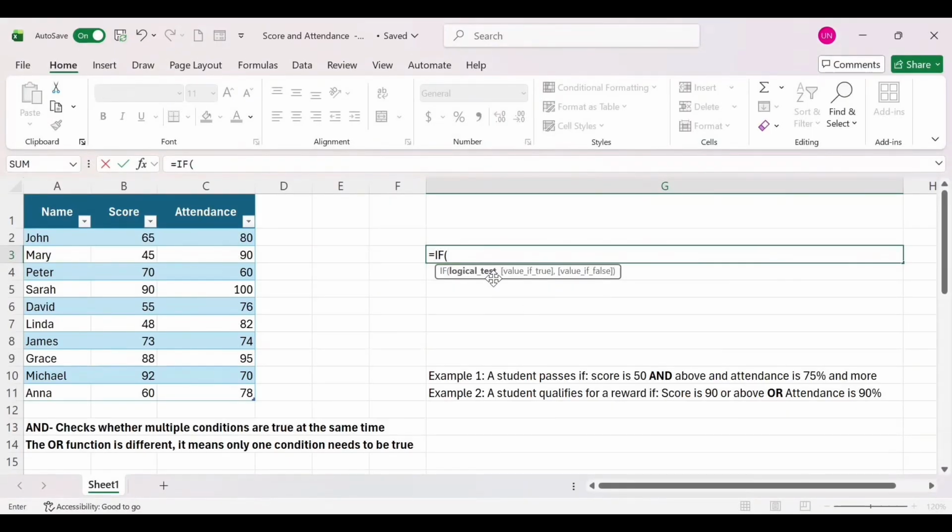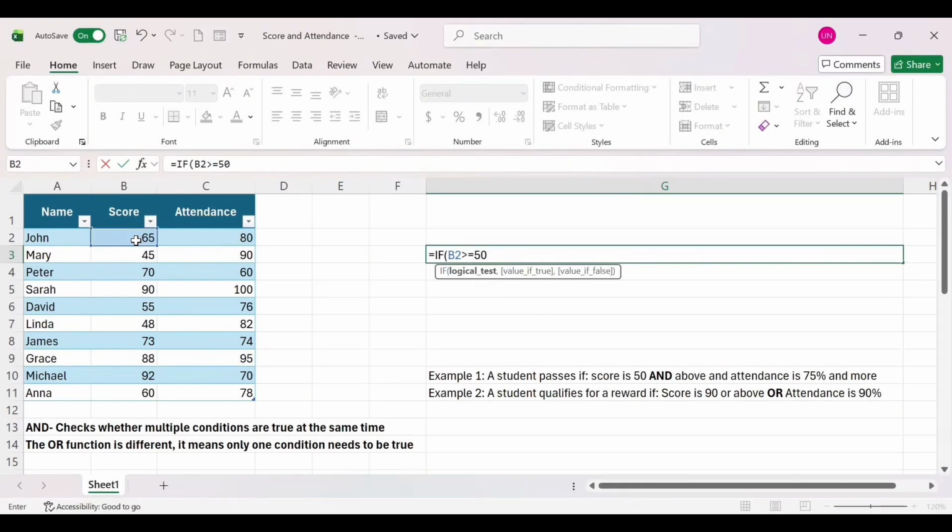So let's take, for instance, we want to give pass to the student who scored 50 and above. Let's start with John. The logic test would be, because we're working on score, if John's score, which is B2, is greater or equal to 50.